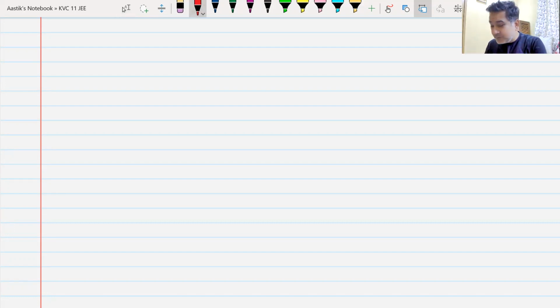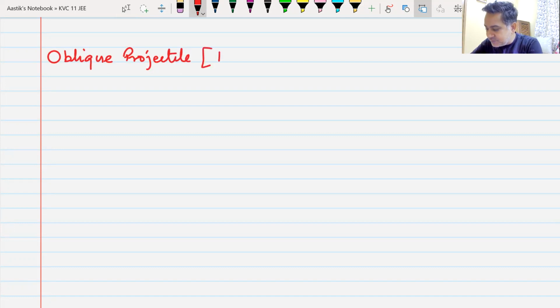What is the second type of projectile motion? That type of projectile motion we call oblique projectile motion. You can call this motion in 2D, because now motion is going to happen in a plane.